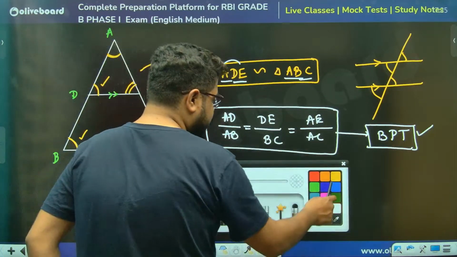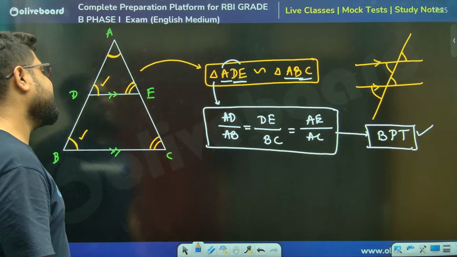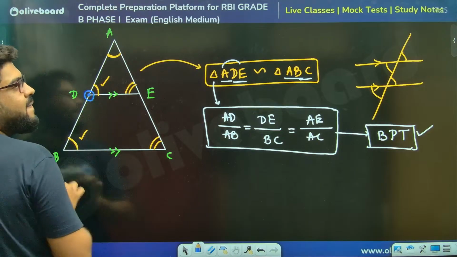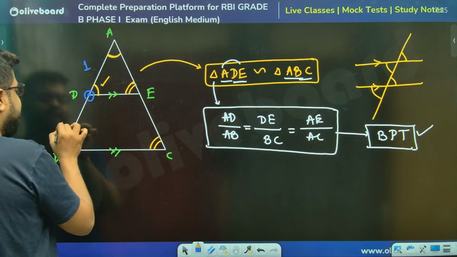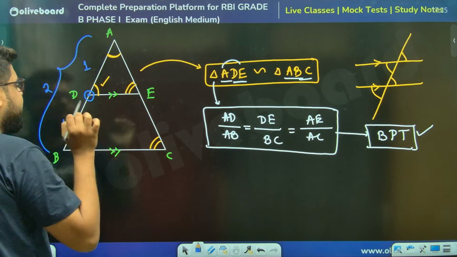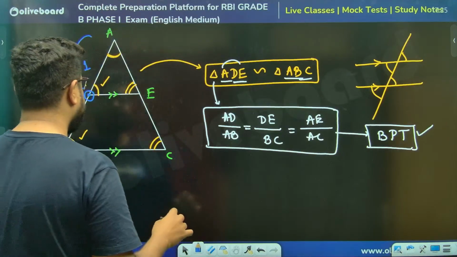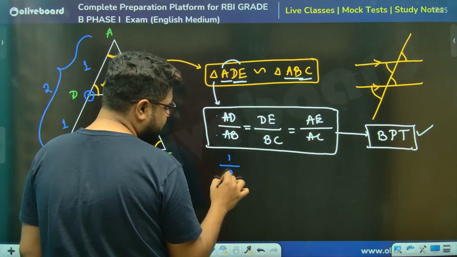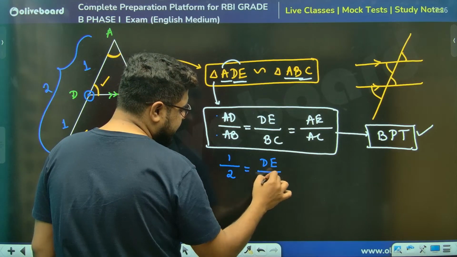Now, Sashi was asking us about the midpoint theorem, right, Sashi? Let me say one thing. If D is the midpoint, that means AD is one part, BD is one part, so AB is two parts, sir. So AD by AB will be 1 by 2, equal to DE by BC.